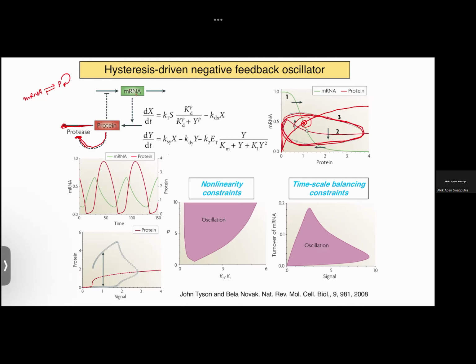Undershoot, and you'll get to see nice oscillation, mRNA and protein. And again, you will need to follow those rules of sufficient nonlinearity.